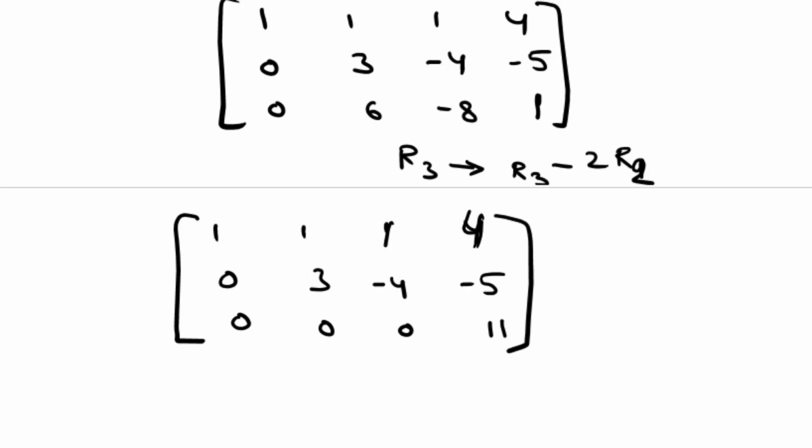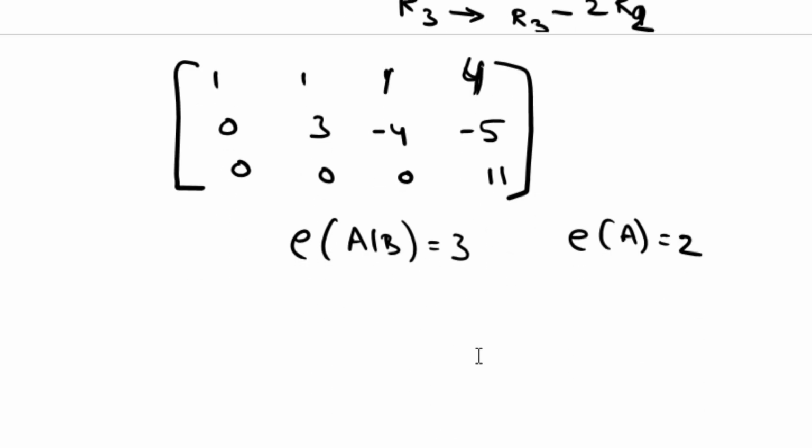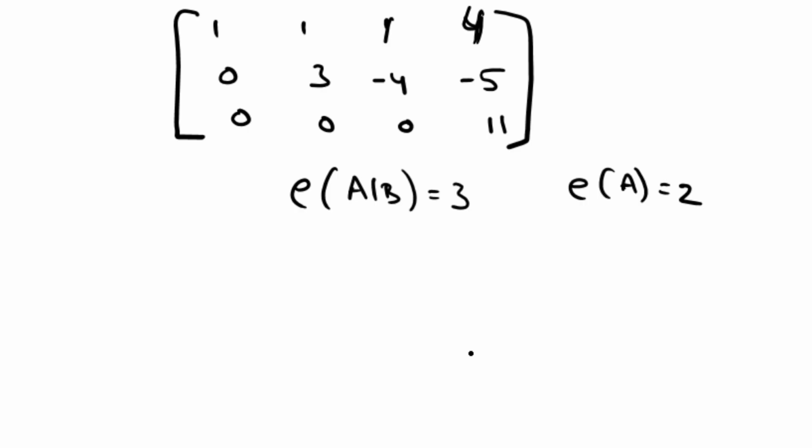Now if you observe carefully, the rank of the augmented matrix is 3, whereas the rank of matrix A is 2. Therefore, the rank of the augmented matrix is not equal to the rank of A. Therefore, it is not consistent.